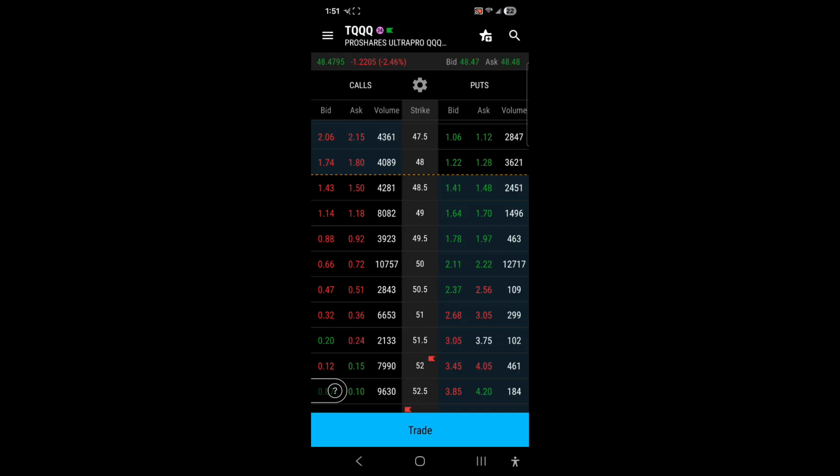If I'm a seller, I will choose the area here and I can select the strike that's very close to hovering at the share price. If you notice, the bid means to sell. It's really pricey.